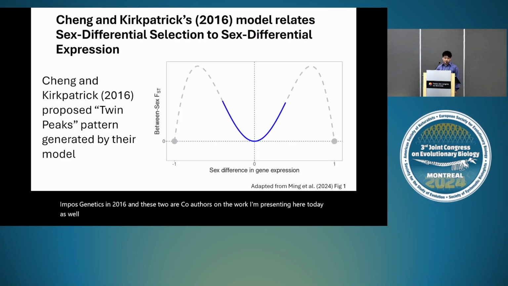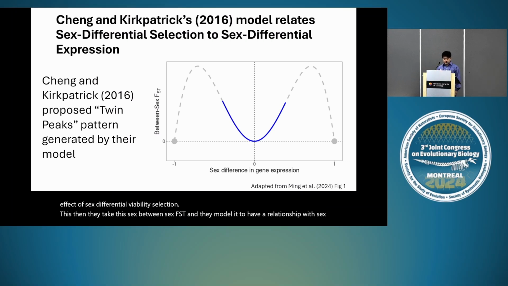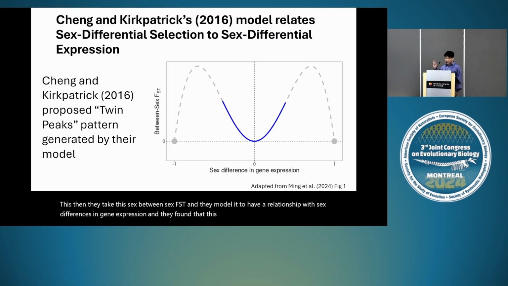In their paper, they propose a model that relates sex differential selection to sex differential expression, and they use between-sex FST as a statistic for quantifying between-sex allele frequency divergence, and it therefore acts as a measure of the effect of sex differential viability selection. Then they take this between-sex FST, and they model it to have a relationship with sex differences in gene expression, and they found that this characteristic Twin Peaks pattern is generated by their model.